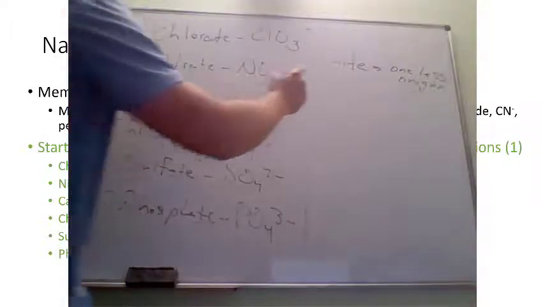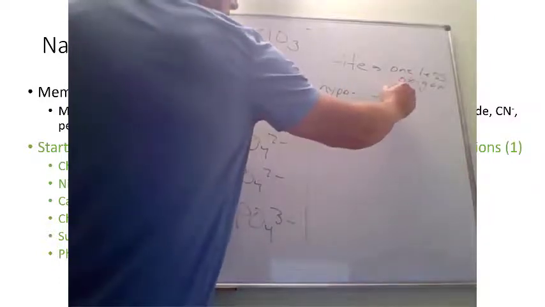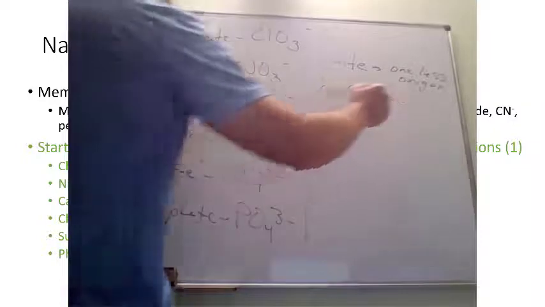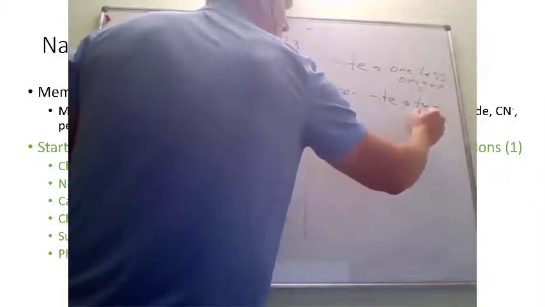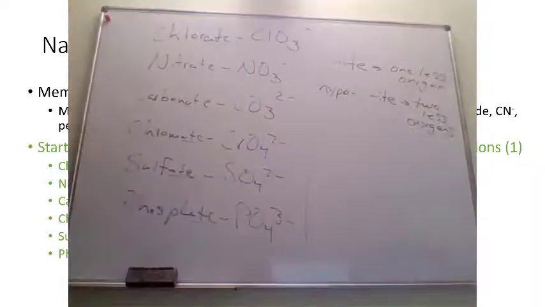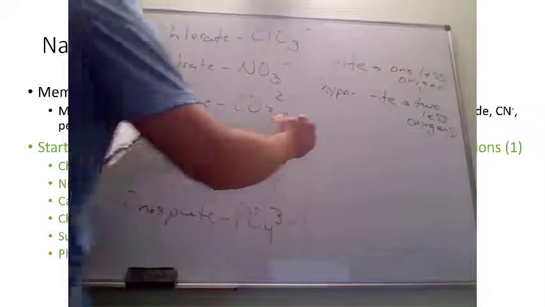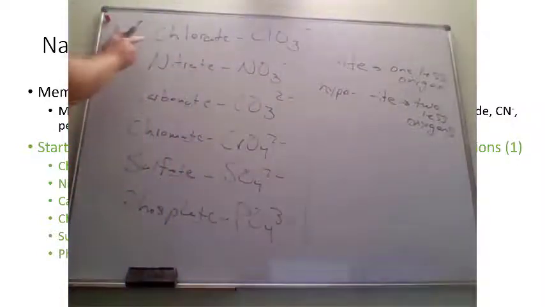If you have a starting of hypo and then ending with ITE, that means two less oxygens. Hypo means less, hyper means more. So hypo-ite means even less oxygen than ITE. An example there would be hypochlorite.